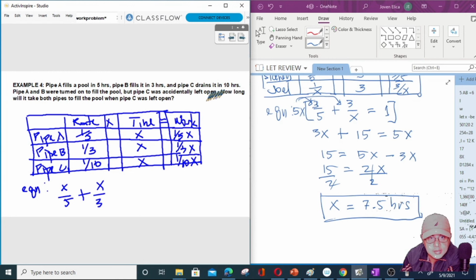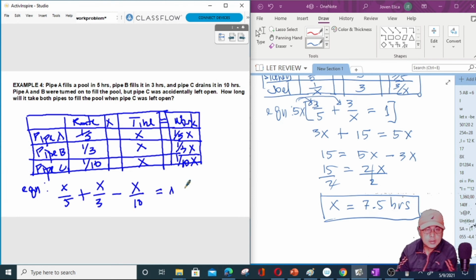Now since this is drain, we should subtract x over 10 is equal to 1. Let us simplify. What will be the LCD?